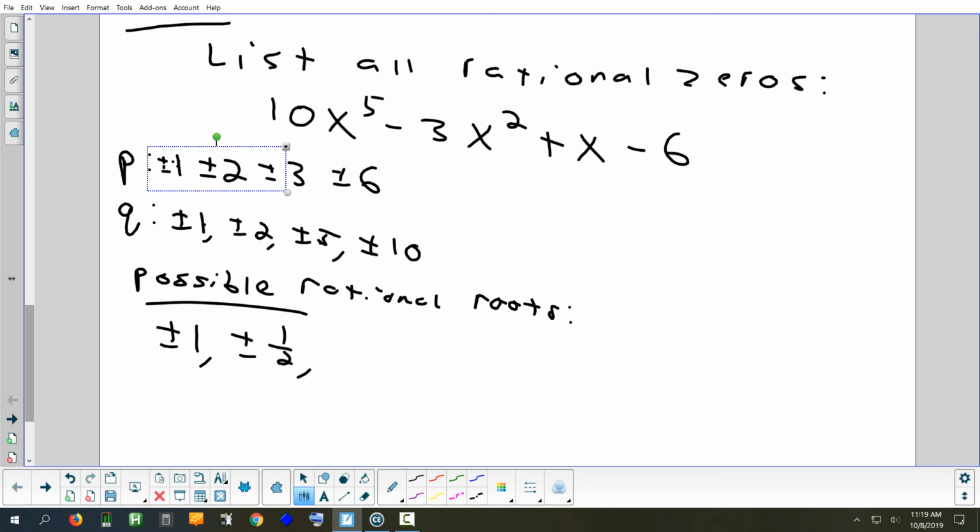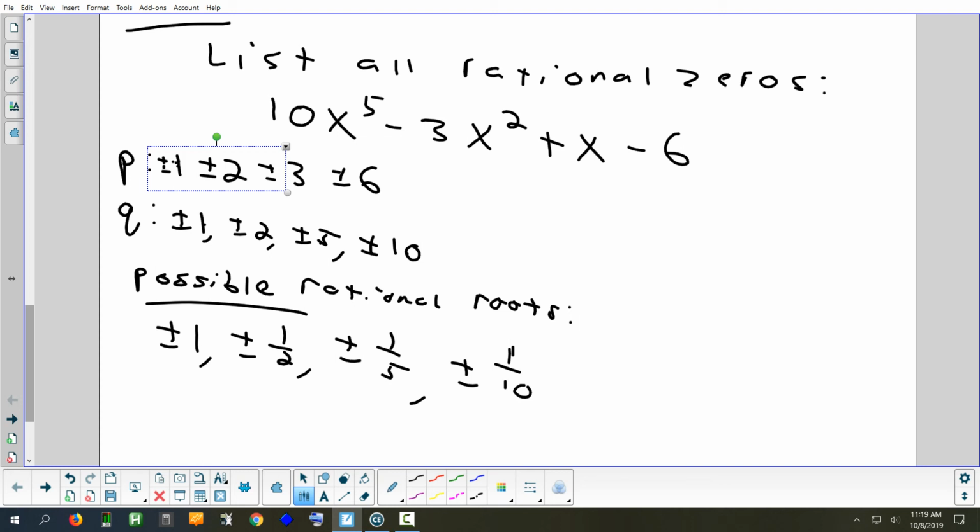I could have 1 over 5. And I could have 1 over 10. That's every single possible rational root with 1 as the numerator. Again, I don't know if any of those are even correct. But if there is one that has a 1 in the numerator, it is one of those.